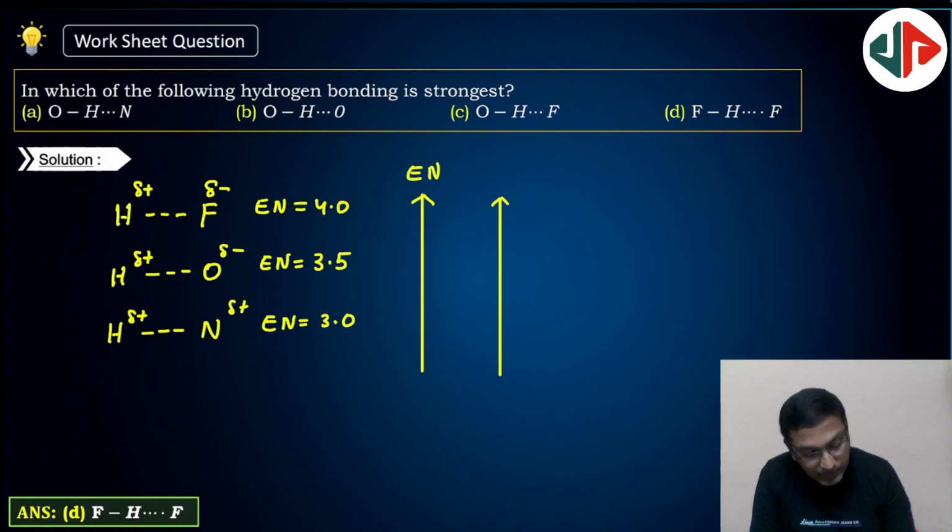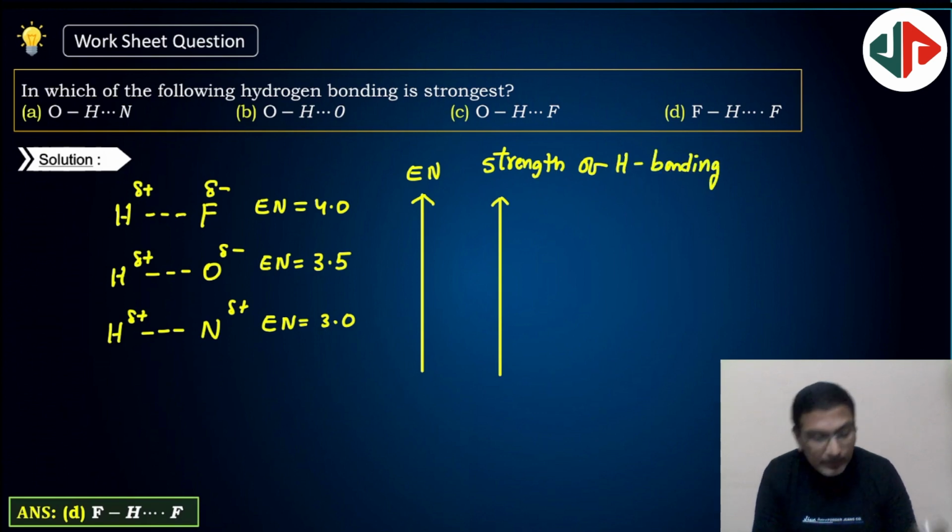Strength of hydrogen bond increases. So clearly from options D, here delta plus and here delta minus will be there.